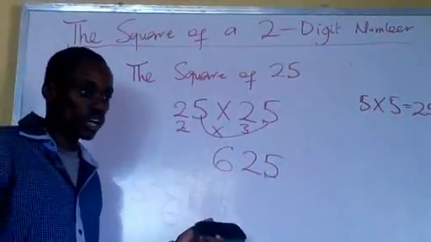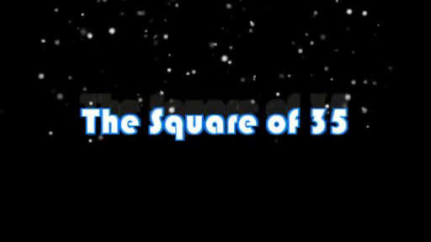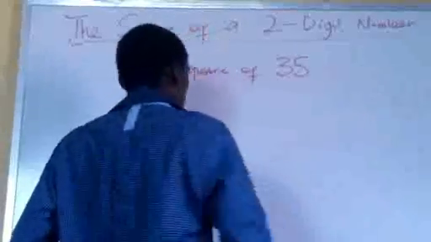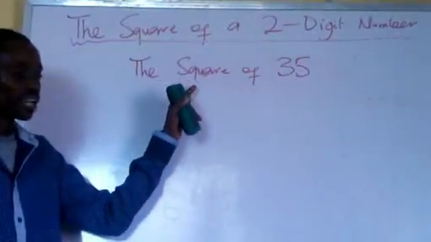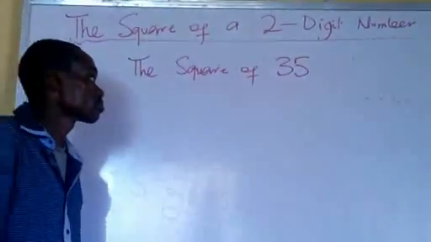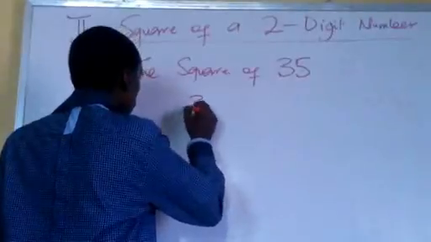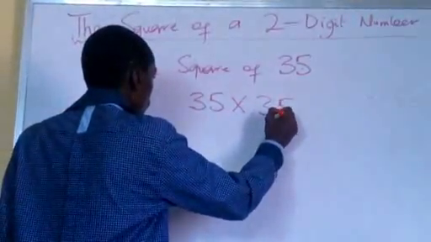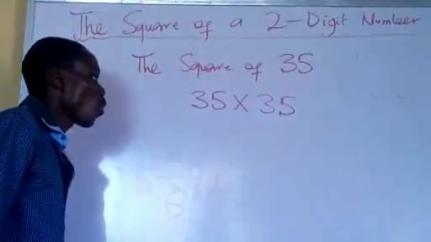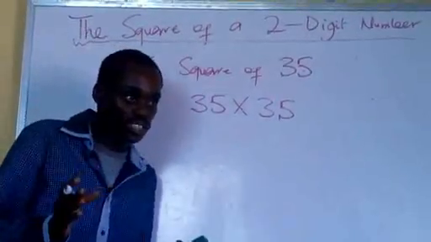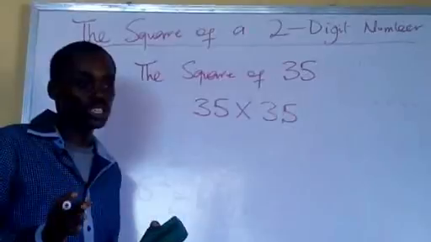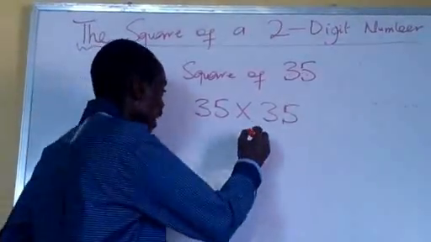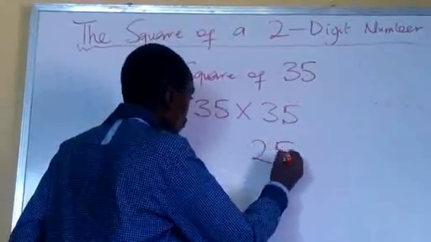Now we move on to example 2. In example 2, we're going to look at the square of 35, which is 35 times 35. Like we said, the square of any two-digit number that ends in 5 will always end in 25.